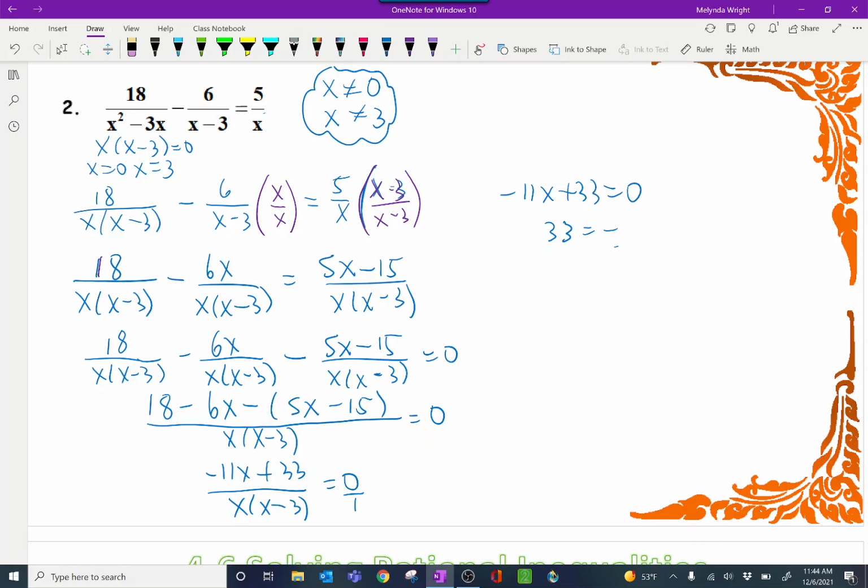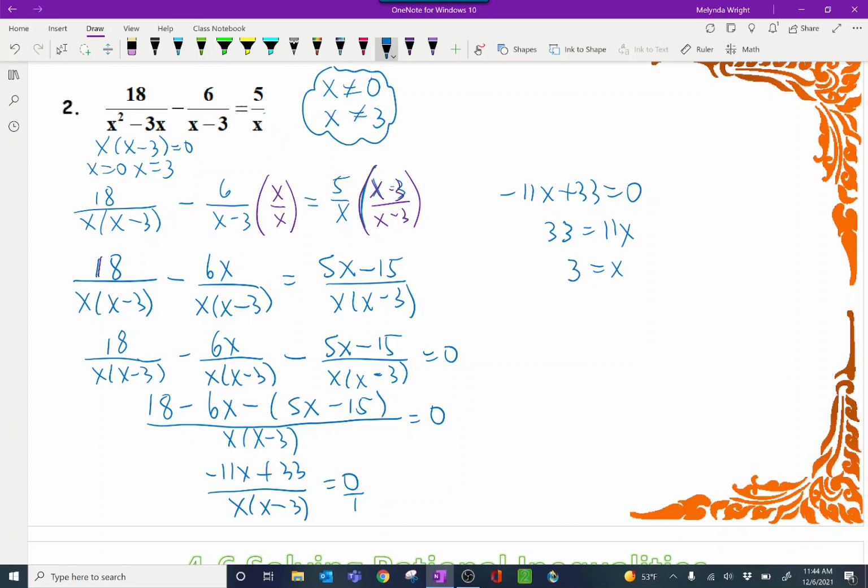So I've got 11x over here, so divide by 11. 33 divided by 11 is 3.